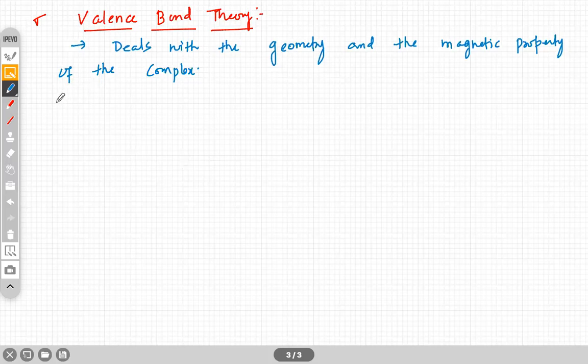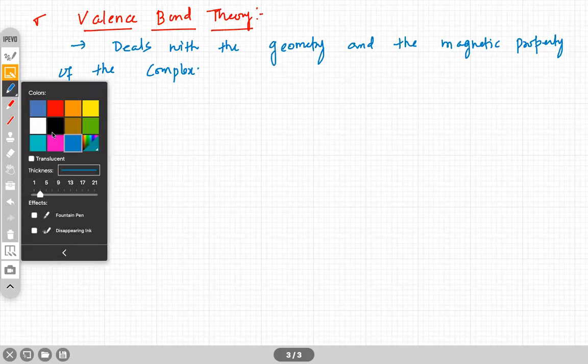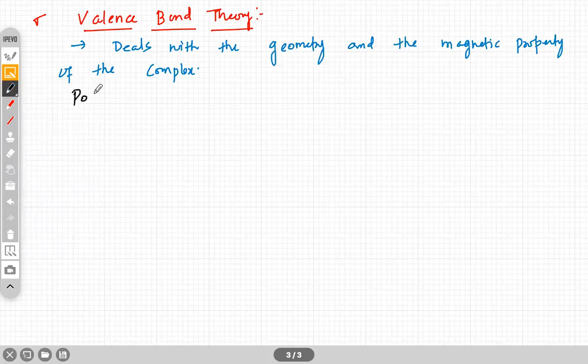Write down the main postulates, the first point. The central metal atom, CMA, loses a definite number of electrons to form ions.